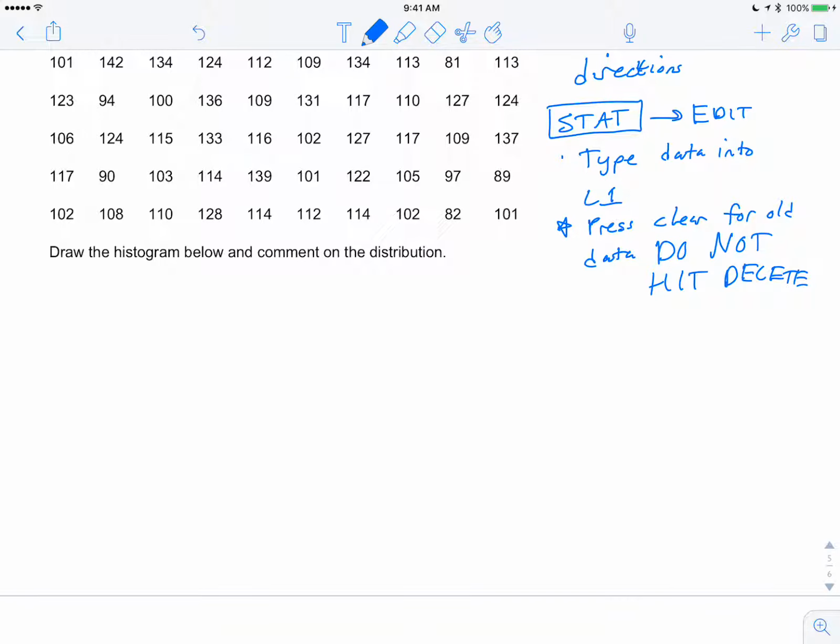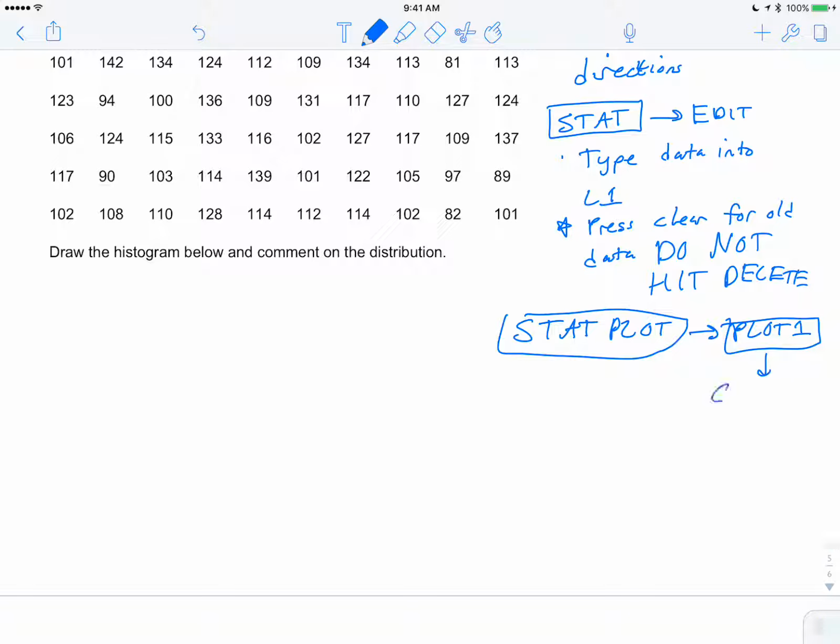Okay. So once you type that in, you can go to the stat plot button. It's the second Y equals button. And you're going to turn on plot 1. And you're going to choose histogram under type.